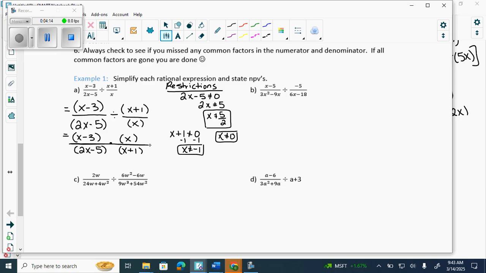Now, some people panic at this point. You're like, nothing cancels. I'm an idiot. No, nothing cancels. You're done. That's literally it. Nothing cancels, nothing cancels. You're not fully done. What do you need to put behind it? The restrictions. X can't equal 0, negative 1, 5 halves.